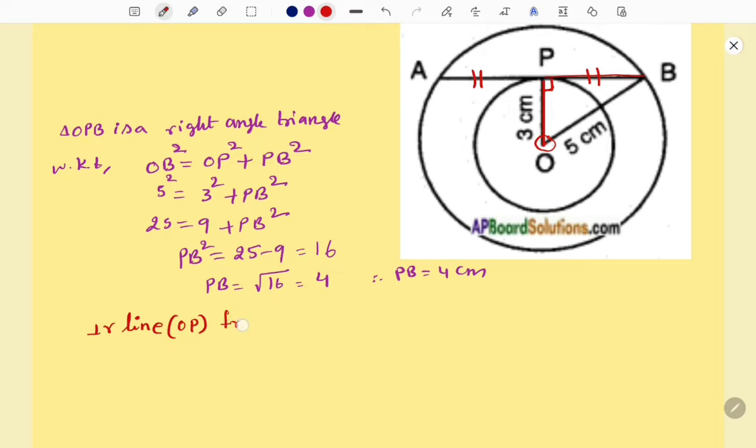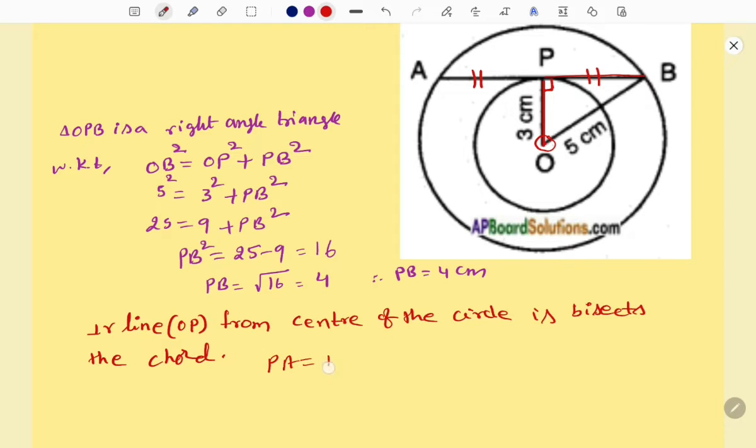So here AB is the chord, but you can take any chord. This perpendicular line always bisects it. Means here PA is equal to PB.